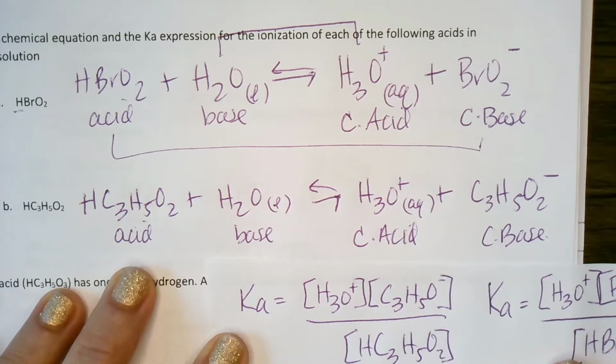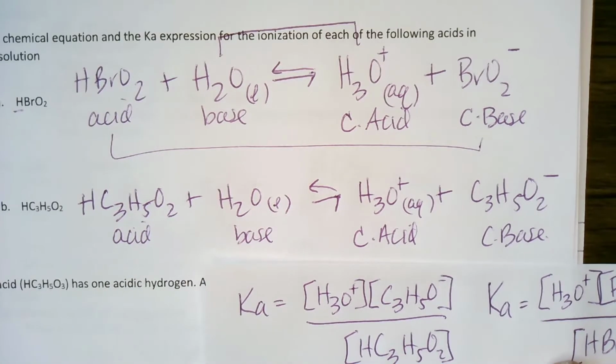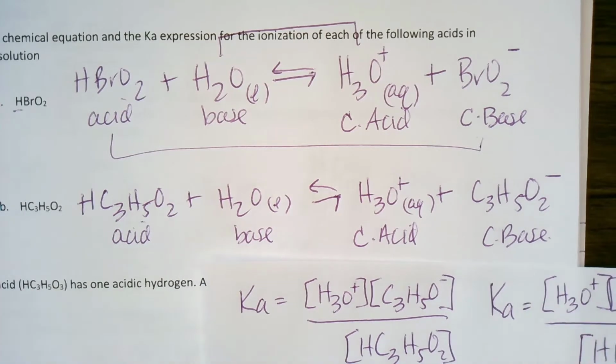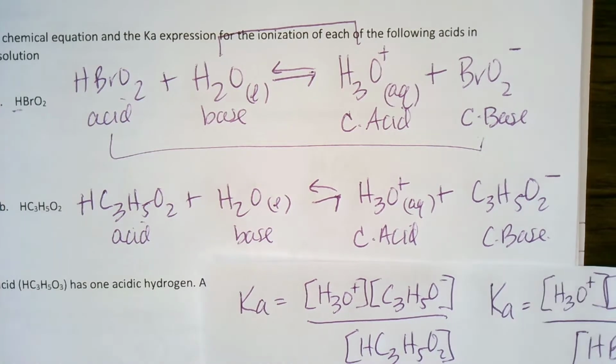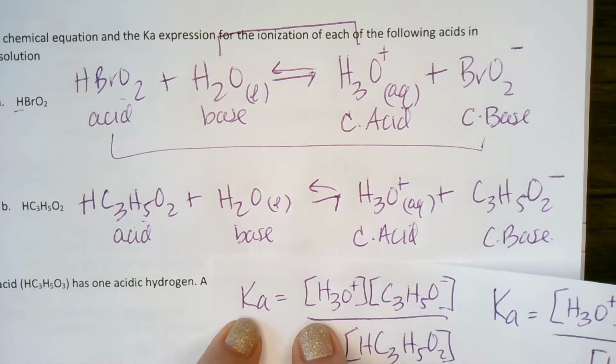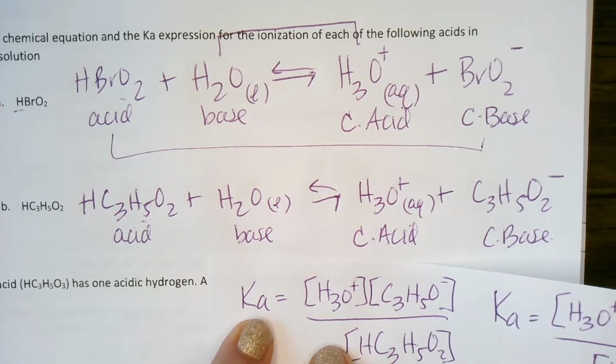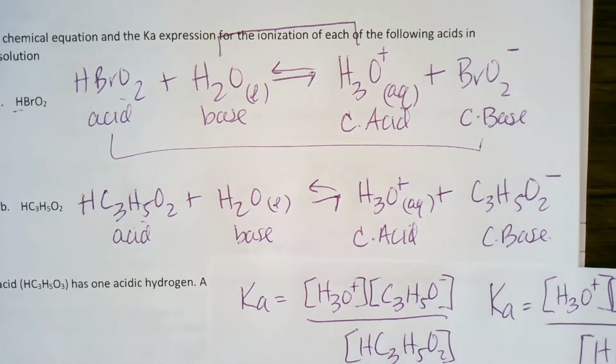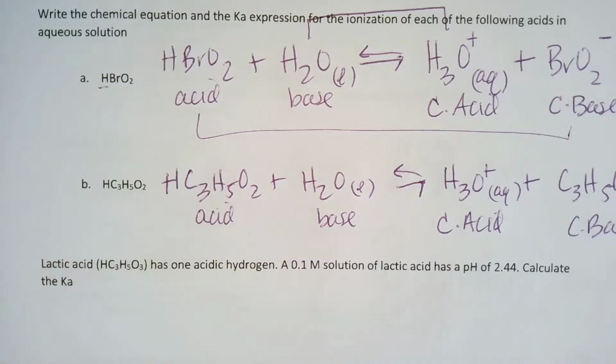So hopefully this is a review from last chapter. The only difference being that we're putting this into an expression to find our Ka, our constant for weak acids. Let's look at another example here.